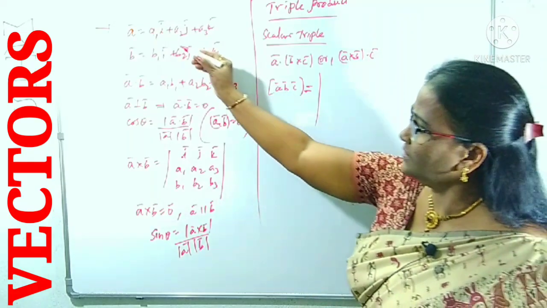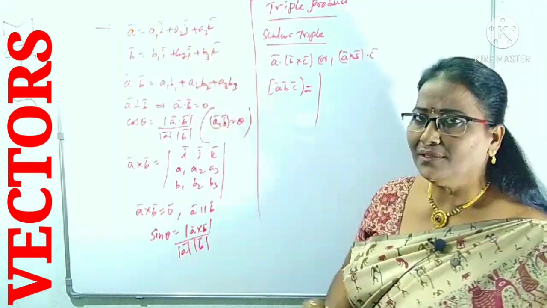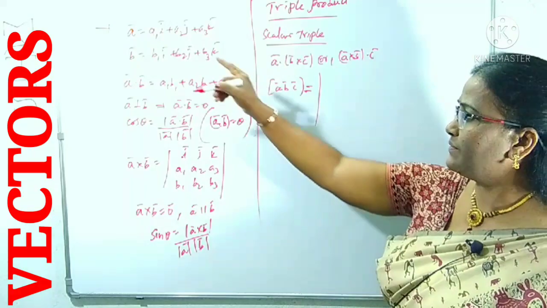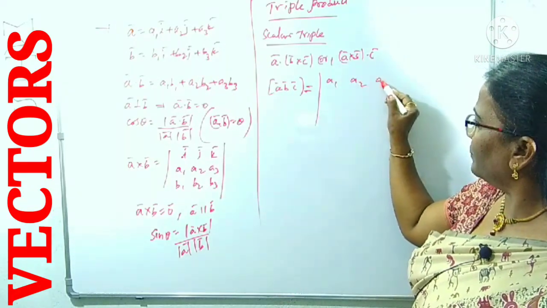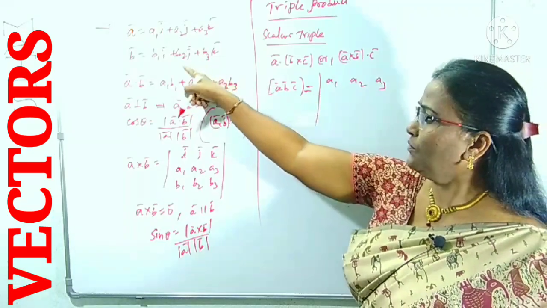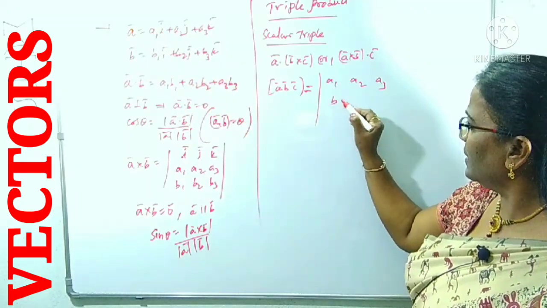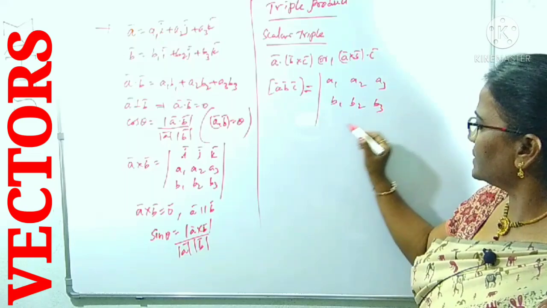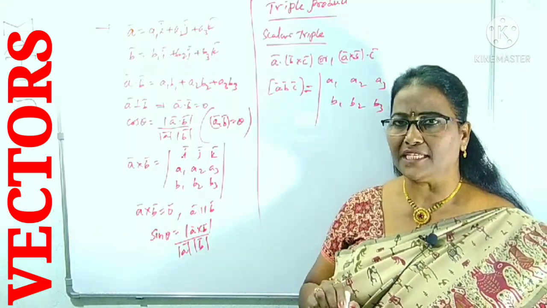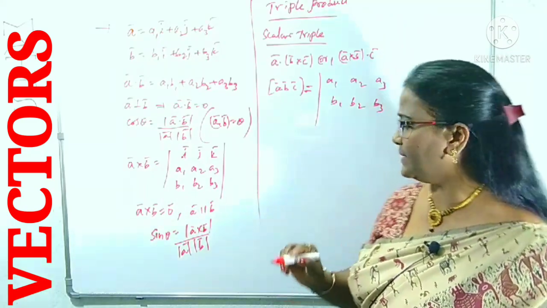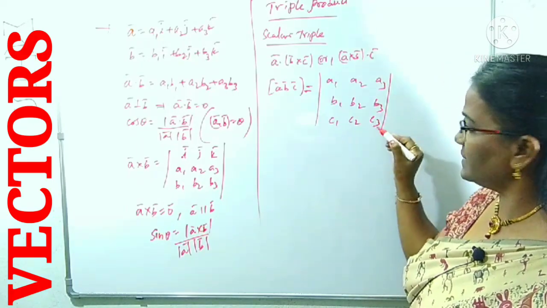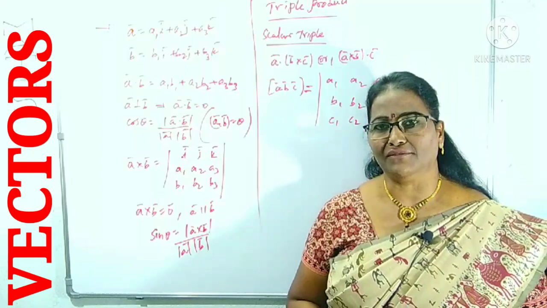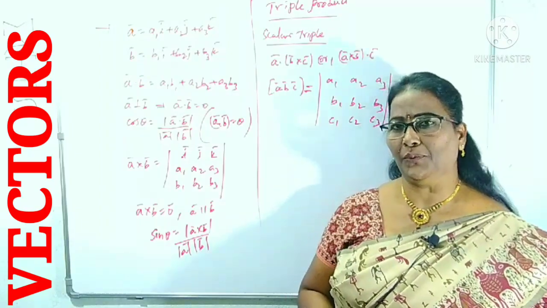The first row is filled with the coefficients of ijk of A: A1, A2, A3. The second row is filled with B1, B2, B3. The third row we take C1, C2, C3. By expansion of this determinant, we can find the scalar triple product.